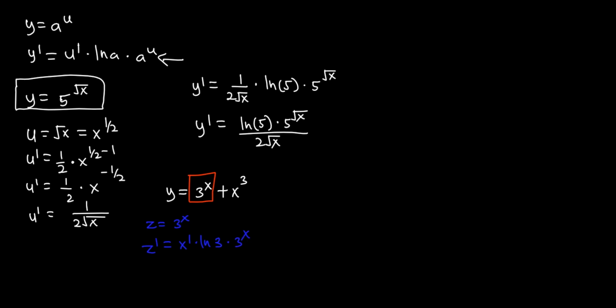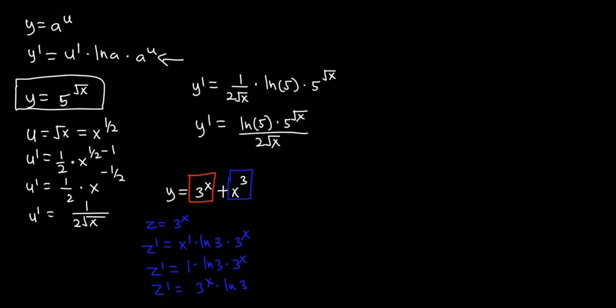When we simplify this, x prime is 1, so that will be 1 times ln of 3 times 3 to the power x. That gives us z prime equal to 3 to the power x ln of 3.